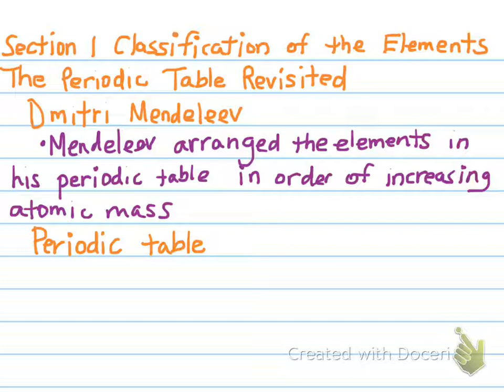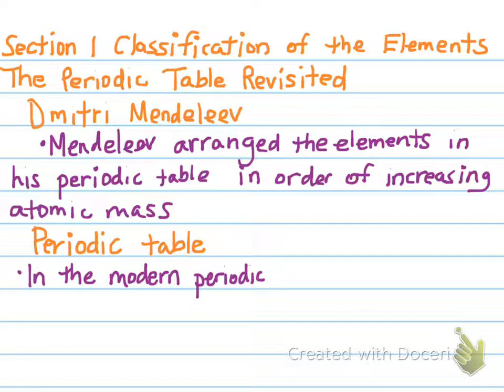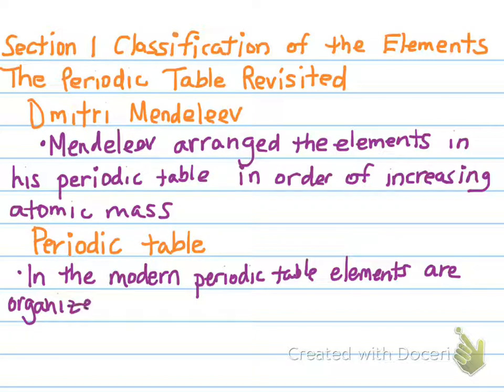In the modern periodic table, the elements are organized in order of increasing atomic number.